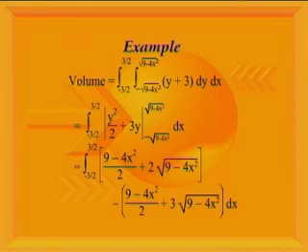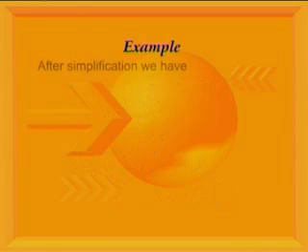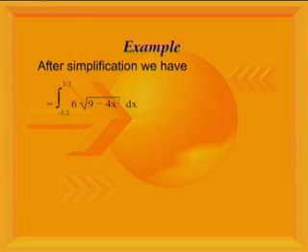Integration of this with respect to x between the limit x equal to minus 3 by 2 to x equal to 3 by 2. After simplification, the function which we are integrating becomes 6 into square root of 9 minus 4x square.